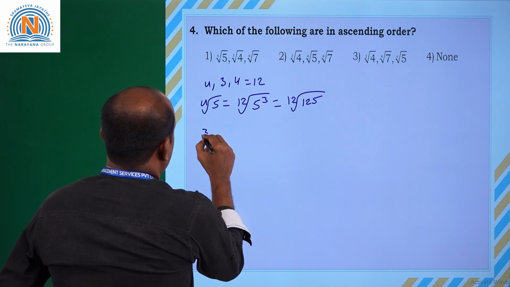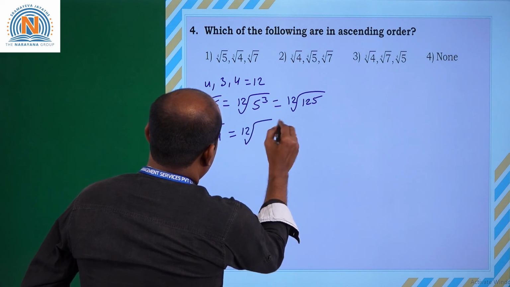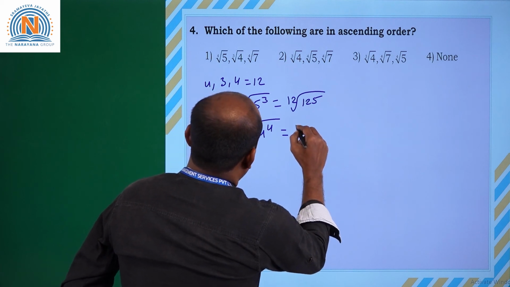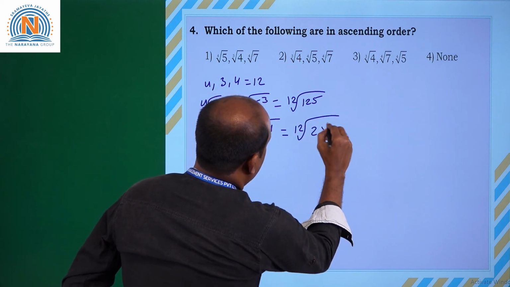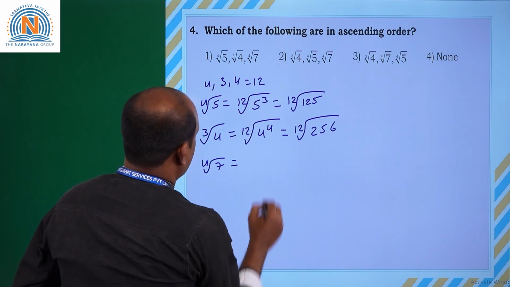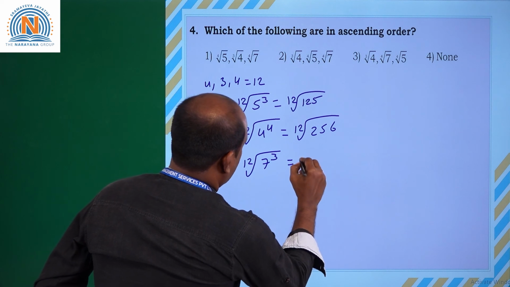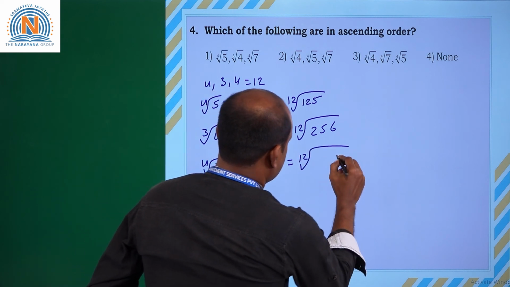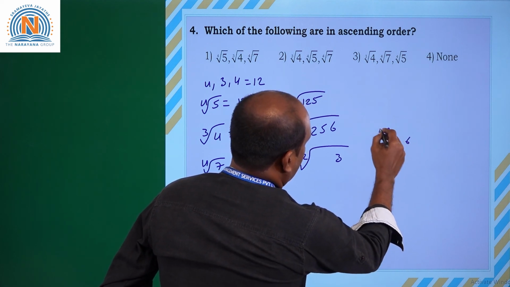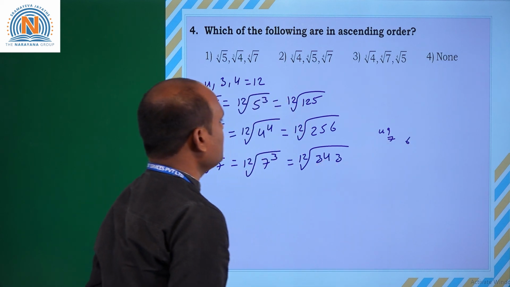Next, cube root of 4 is equal to 12th root of 4 power 4, that is equal to 12th root of 256. Next, 4th root of 7 is equal to 12th root of 7 cube, that is equal to 12th root of 49 into 7, that is 343.